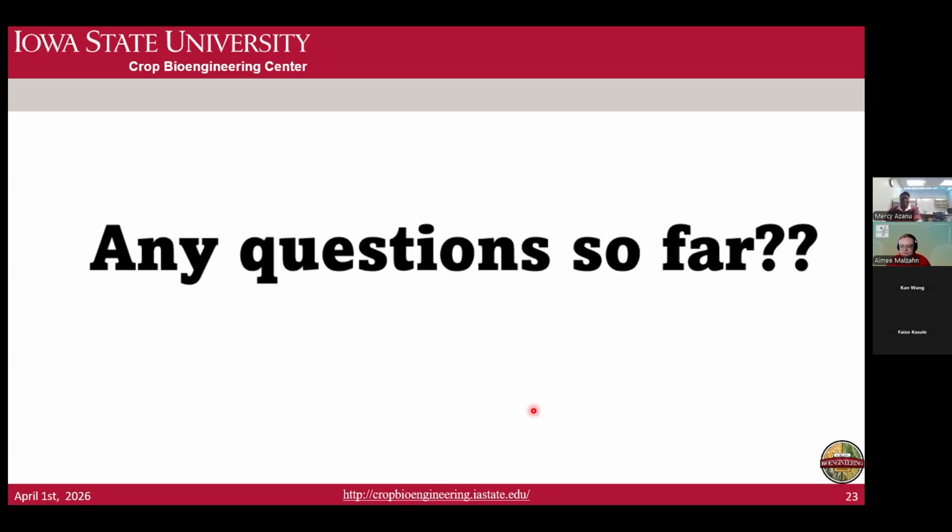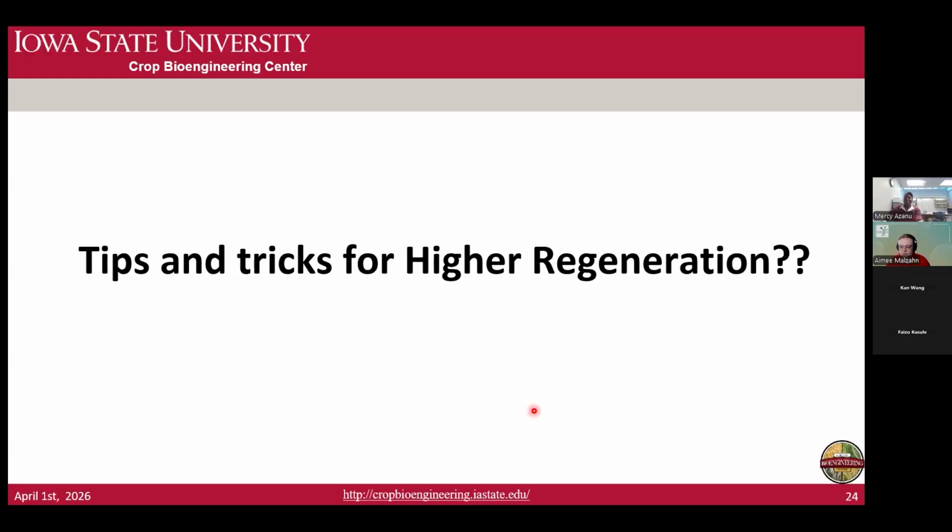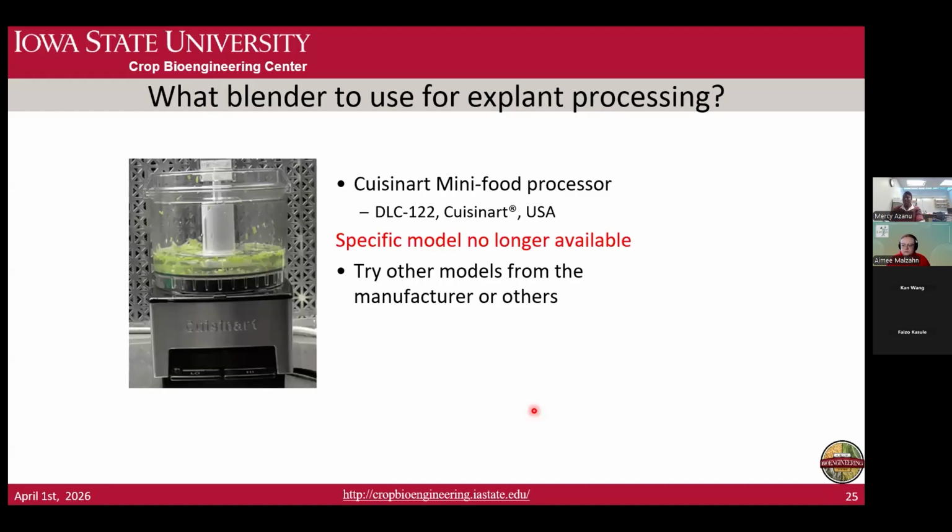This session is mainly to address some common mistakes, problems or questions that we believe other researchers may have, and to help in answering them. The first one is what kind of blender we use. The specific blender is Cuisinart's mini food processor, and these are the details for it.